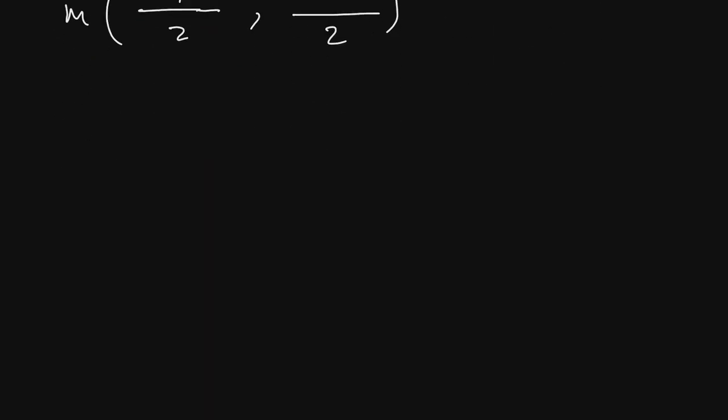Let's say, for example, we have the following line. This line is BD, and the coordinates of B are (2, 4), and D is (6, 3). Can you please pause the video and find the midpoint of BD?